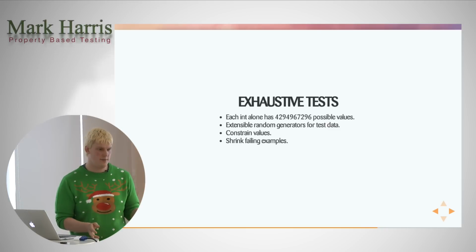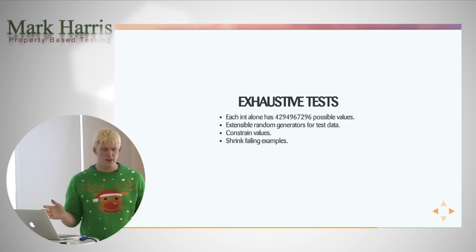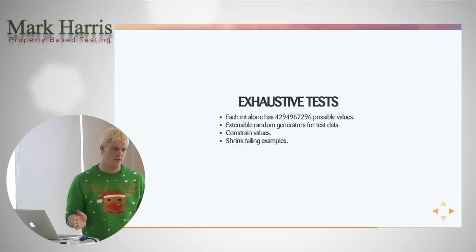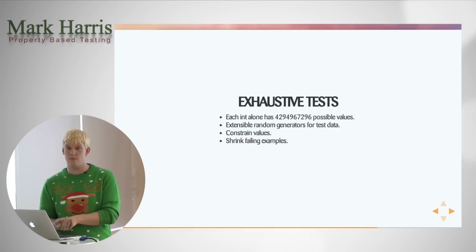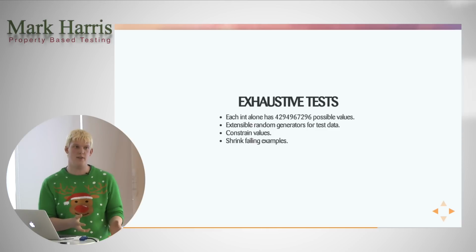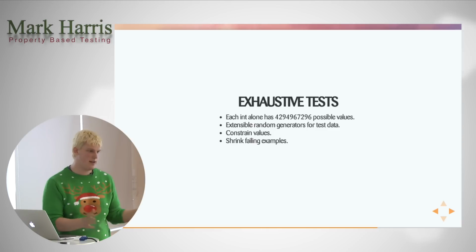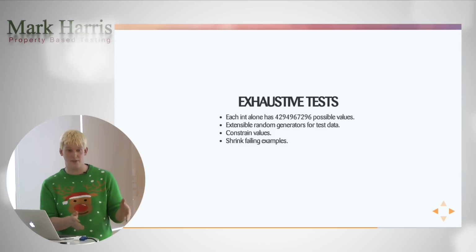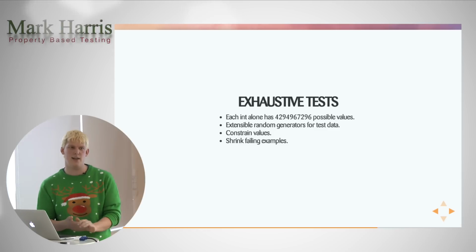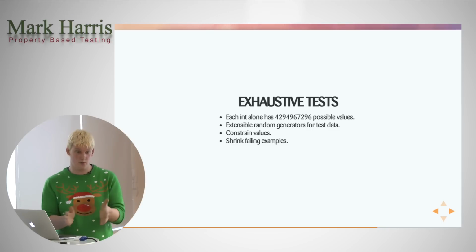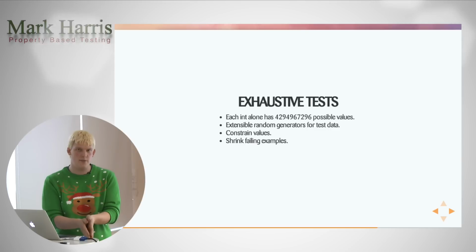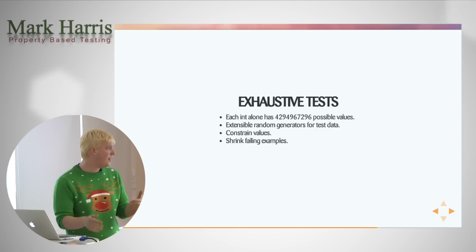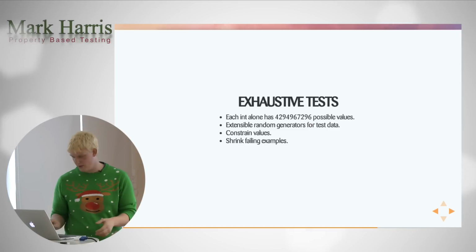So shrinking is a technique for taking a large thing that you already know fails, and applying transformations to it that you believe might be failure or success preserving, and rerunning the test with that new input. And if it still fails, then you carry on until it stops failing, and if it doesn't fail, then you try something else, or you stop and you say, okay, this is the smallest example I can find that still gives us the failure. And so it helps you find the signal in the random noise of your test data.